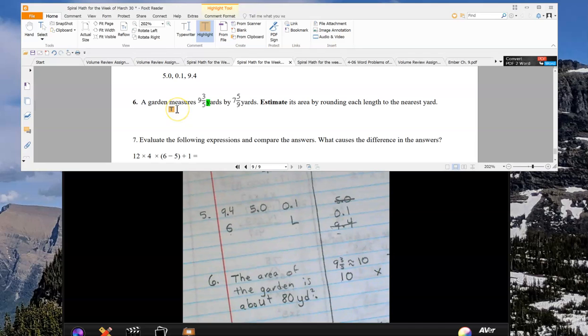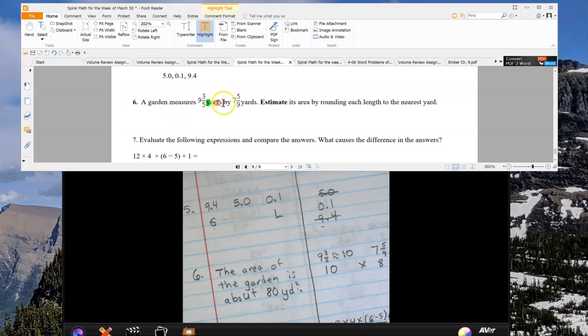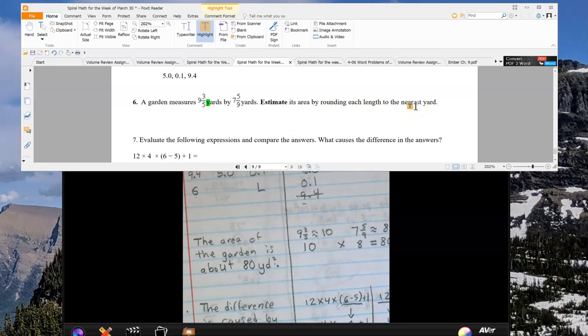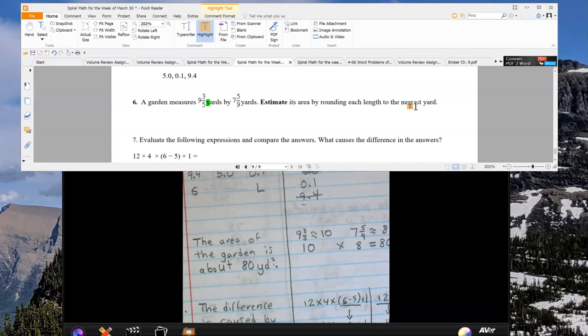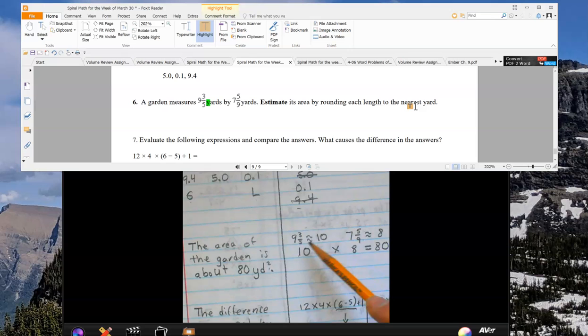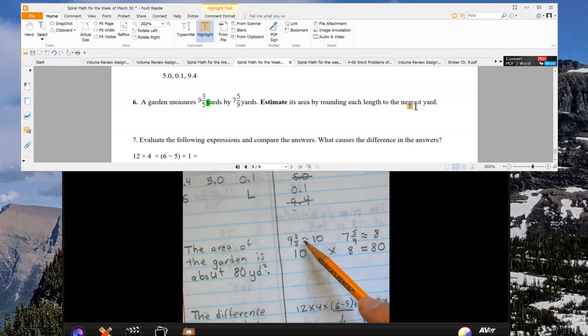A garden measures 9 3/5 yards by 7 5/9 yards. Estimate its area by rounding each length to the nearest yard. I'm going to be doing some estimating today. So first I'm going to estimate the 9 3/5. Since 3 is closer to 5, I'm going to round that number up to 10. The same with 7 5/9. 5 is closer to 9 than to 0, so I'm going to round the 7 up to the next whole number, which is 8.